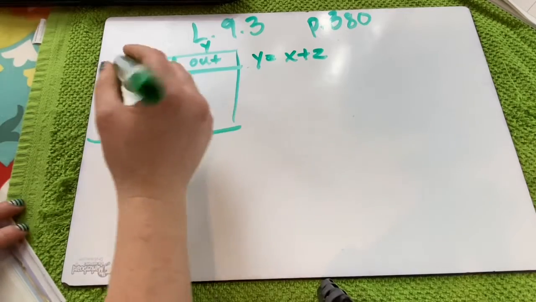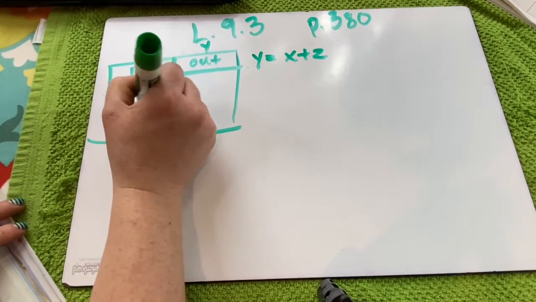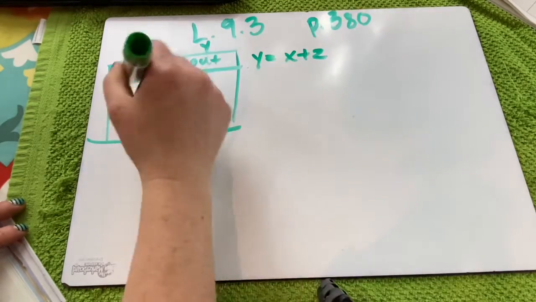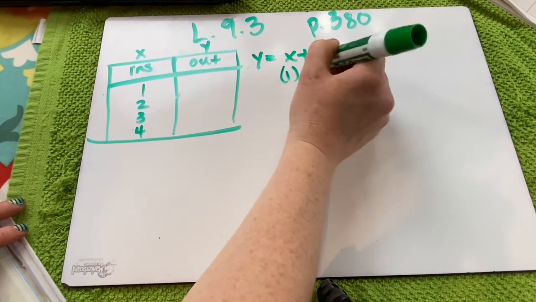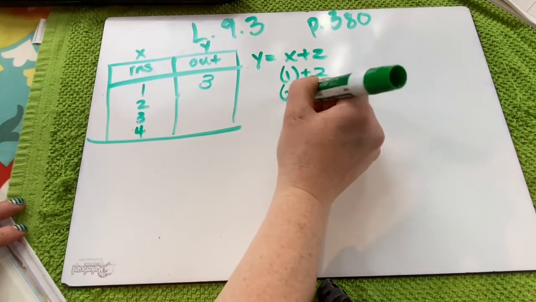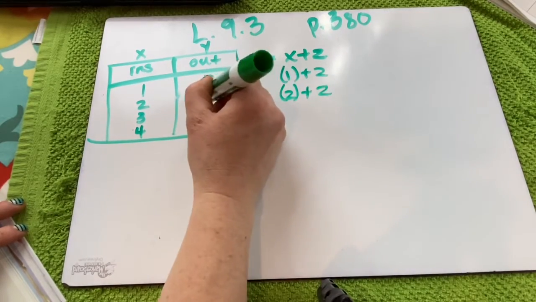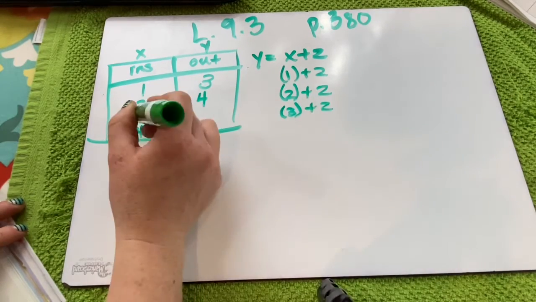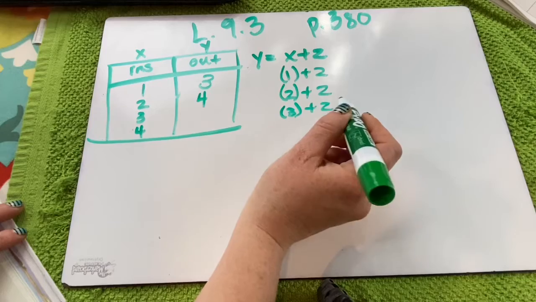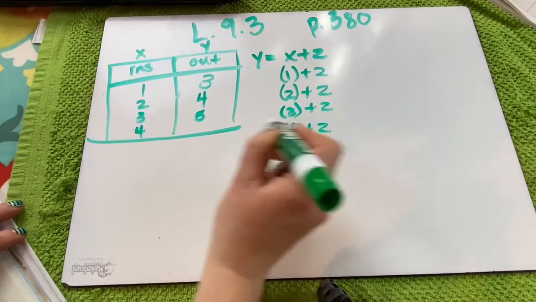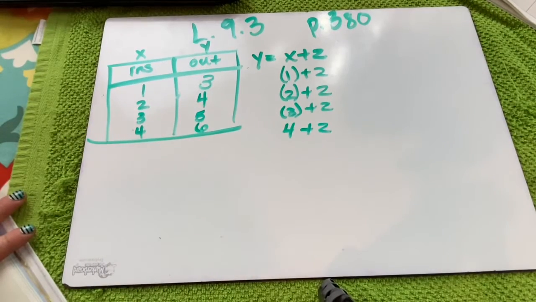They gave me 1, 2, 3, 4. So where this is, I put a 1 plus 2. What's 1 plus 2? 3. This one is 2 plus 2, 4. This one will be 3 plus 2, which is 5. And then the last one is 4 plus 2, which is 6.